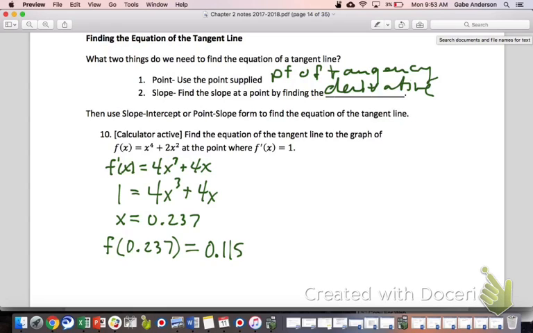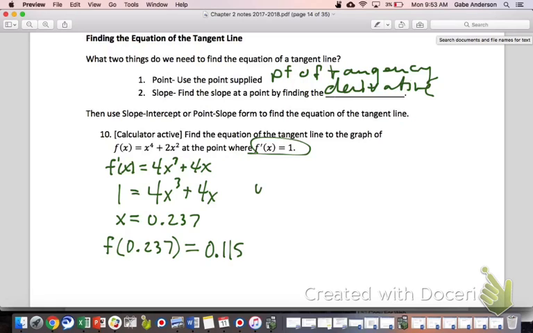If I have those two things, I just put them together with maybe point slope or something, and I've got it, right? What's the slope of the tangent line? Isn't it 1? Right here. I'm told I'm interested in the place where f prime is 1. So that automatically means the derivative is 1, which means the slope of the tangent line is 1. So I really have no more work to do other than putting it all together.